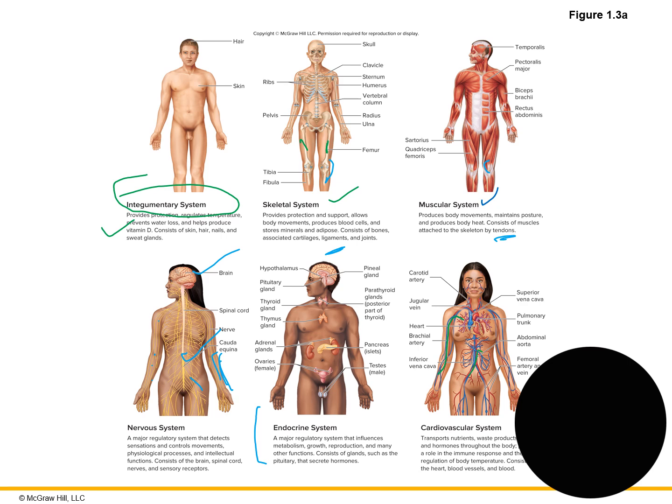These conduct blood throughout the body. What the heart actually does is pump the blood. Then it goes through the arteries and veins. Veins mainly bring the blood back to the heart. Arteries take the blood away from the heart.